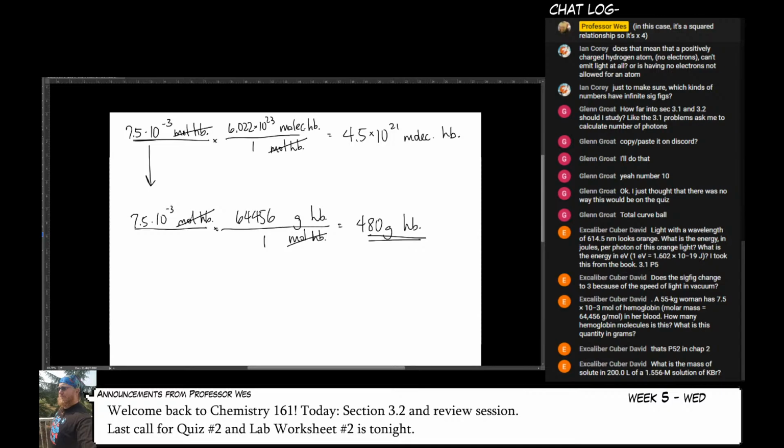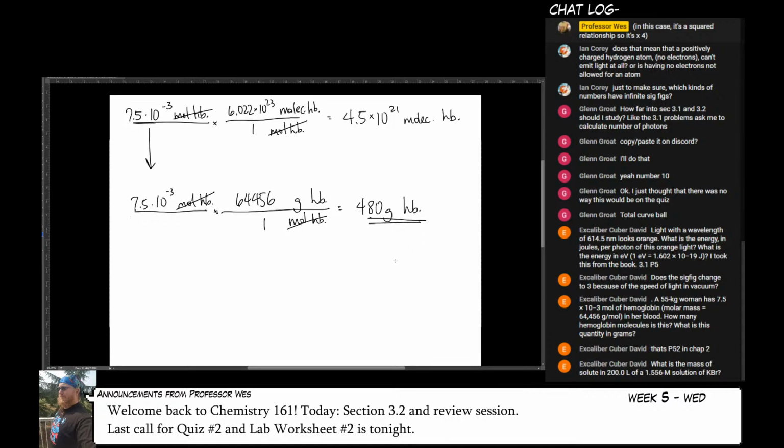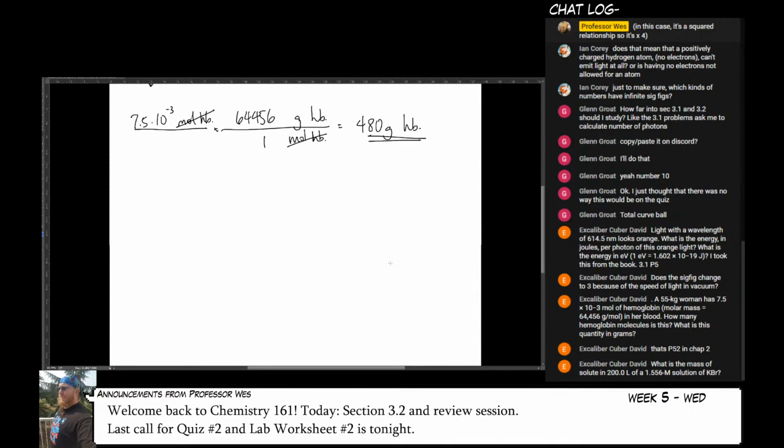What is the mass of solute in 200 liters of a 1.556 molar solution of KBr? Yeah, we can do that too. All right, so first, what's the solute? Well, if it's a solution of KBr, that's the solute. So we need to find the mass of KBr in 200 liters. So first thing we need to do is figure out how much KBr there is in there.